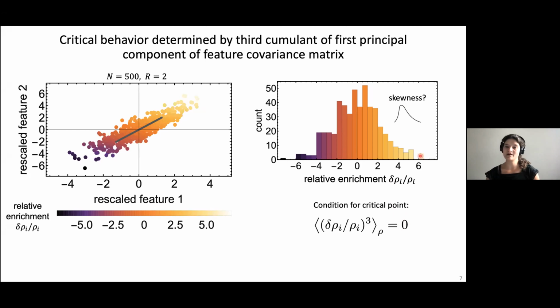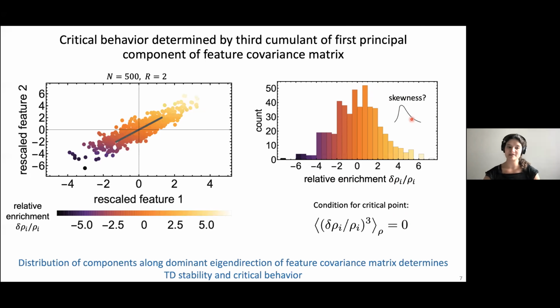And I think this nicely generalizes results for binary mixtures, where it has been found that critical behavior occurs right when the mixture is completely symmetric, so basically if the 2 phases are symmetric. I guess this makes it more specific in that the distribution doesn't necessarily have to be completely symmetric, but it has to have a 0 skewness.